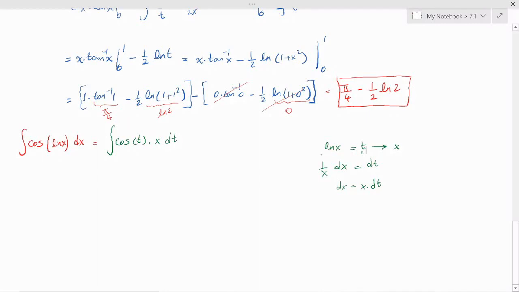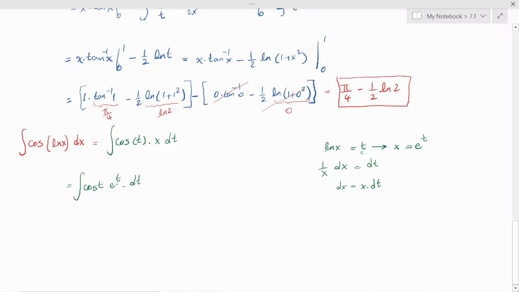This way I can get rid of the x in the integral. So x would be simply e to the power t. So I can replace x and say this is equal to the integral of cosine t e to the power t dt, because x should be replaced by e to the power t.